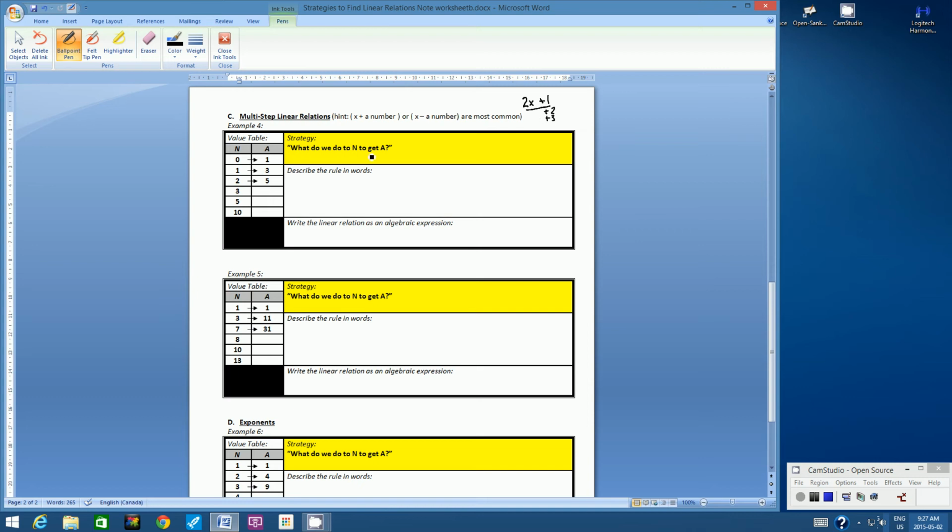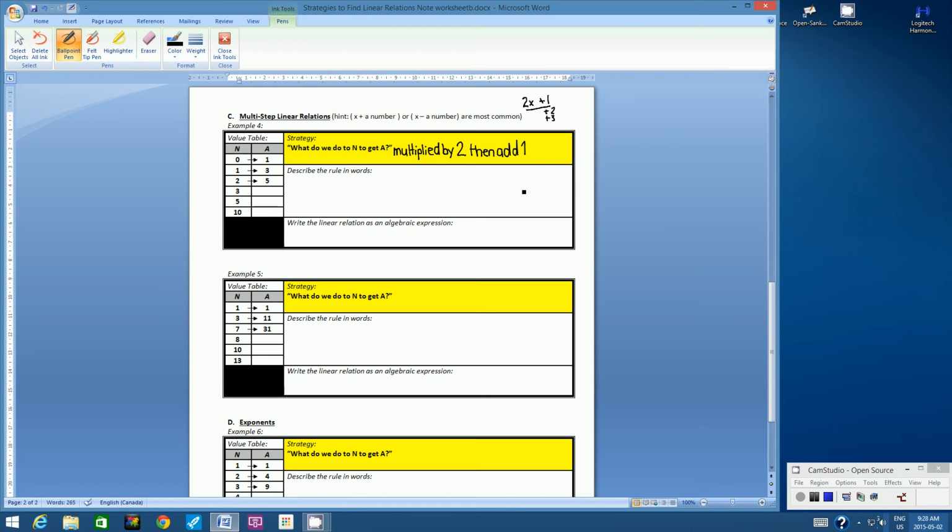Okay, so what did we do to n to get a? Well, we multiplied by 2, then we added 1, didn't we?